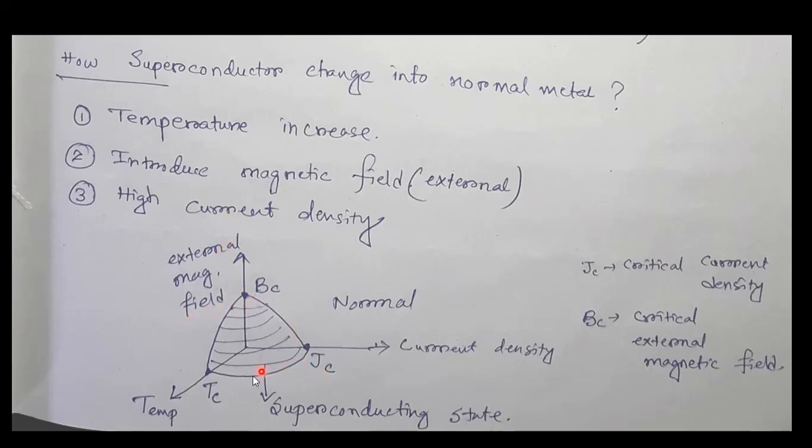So within these three critical regions, this is the superconducting state, and outside this region, this is the normal state. So in a simple representation you can distinguish between normal metal and superconducting metal. So Jc is the critical current density, Bc is the critical external magnetic field.